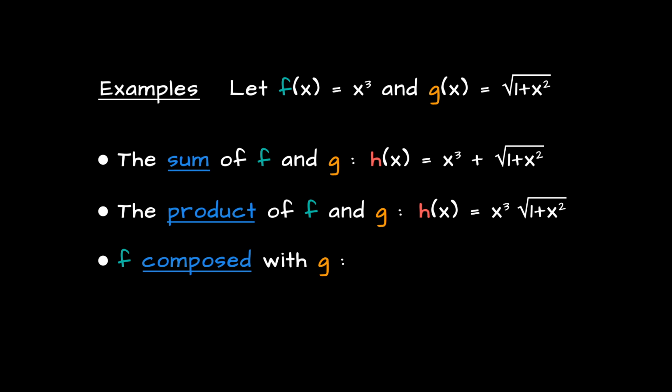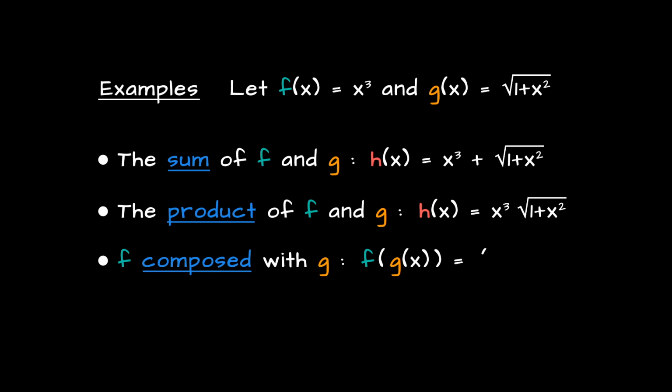To compute f composed with g, we would want to take the function g and place it inside of the function f, like so. And the way that this would play out concretely is that we would take the expression that defines g and substitute it into the variable x in the defining formula of f.